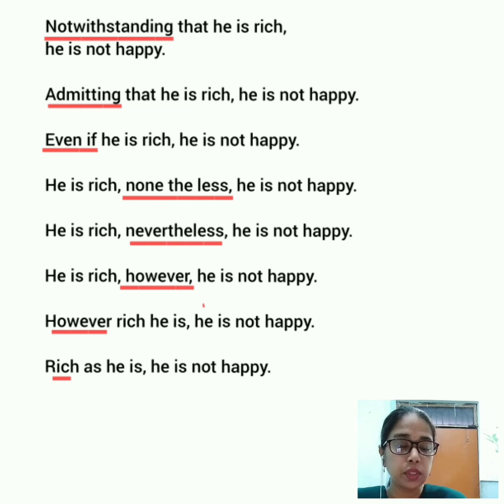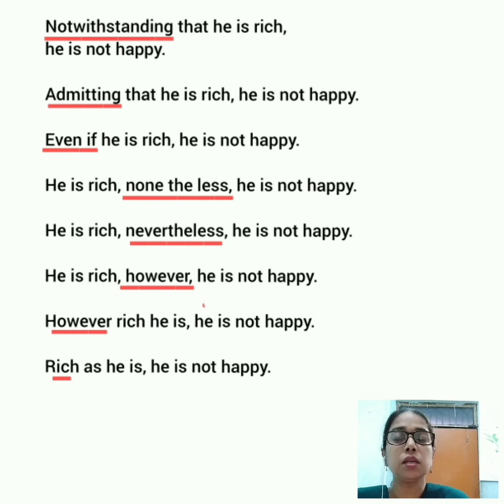I have started with however, and then you see the order of the words, rich he is. I have not written however he is rich. That will be completely wrong. So what is the sentence clause formation? However rich he is, comma, he is not happy. So be very careful the words that are used in the first clause. The second clause is the same.